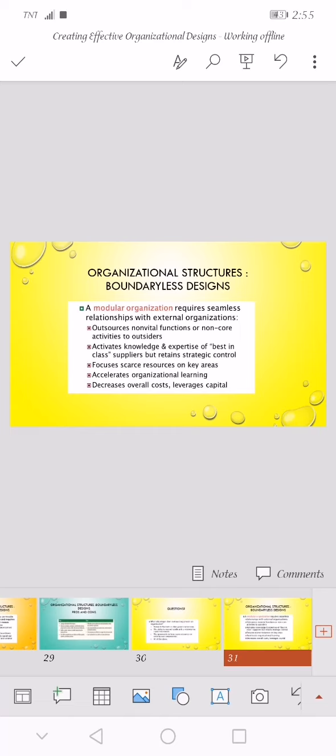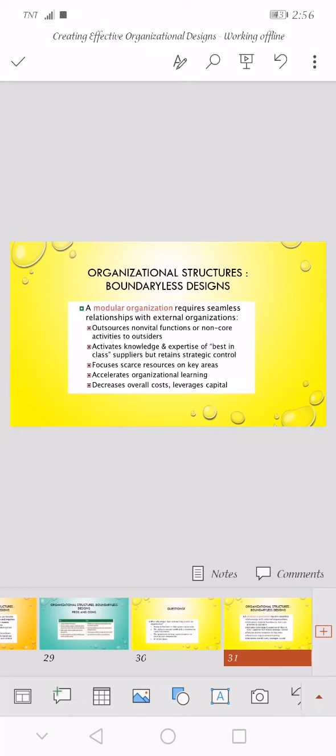Organizational structures, boundaryless designs. A modular organization requires seamless relationships with external organizations. First, outsources non-vital functions or non-core activities to outsiders.